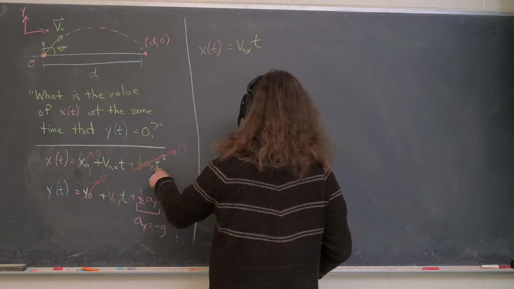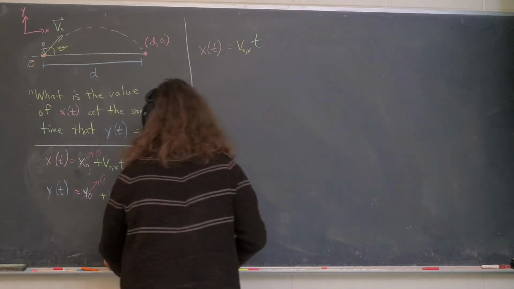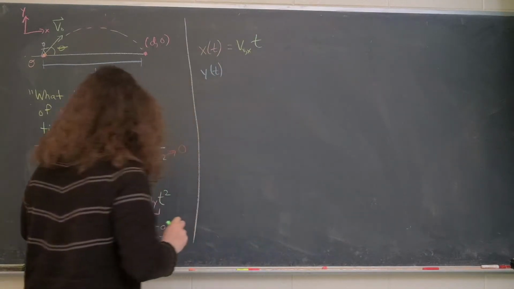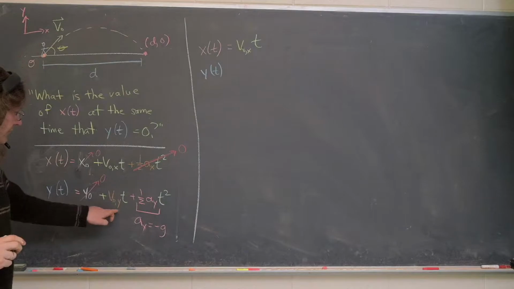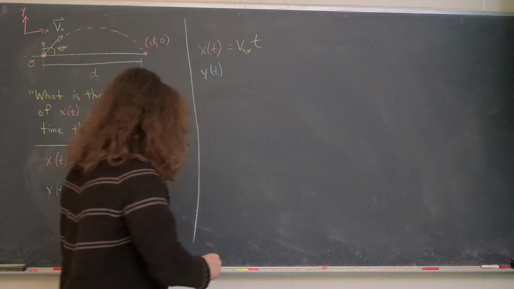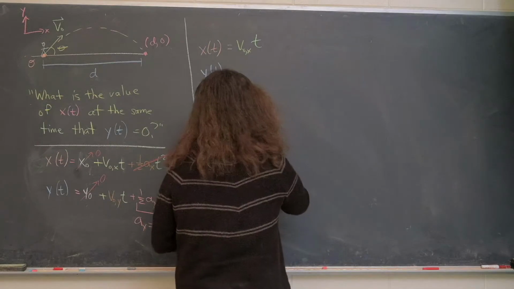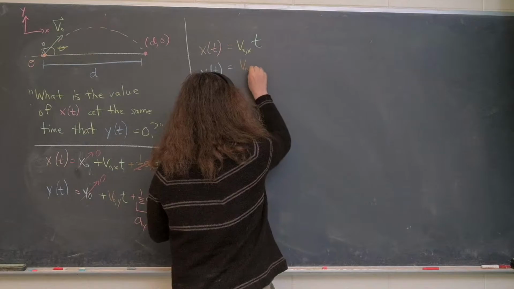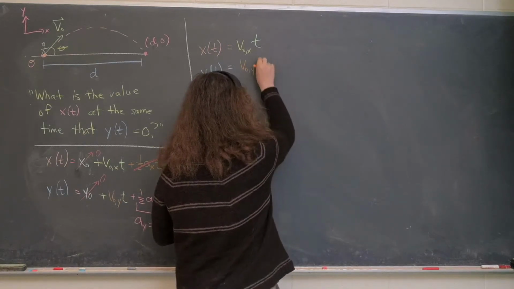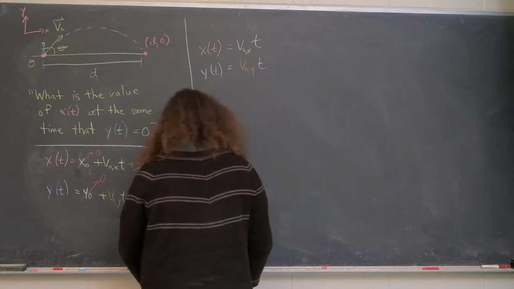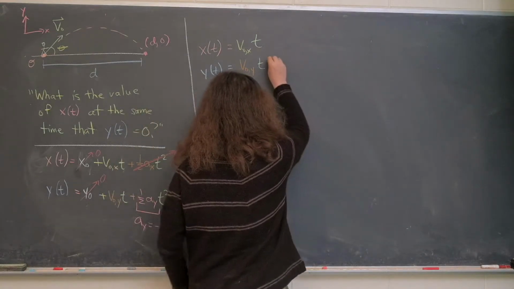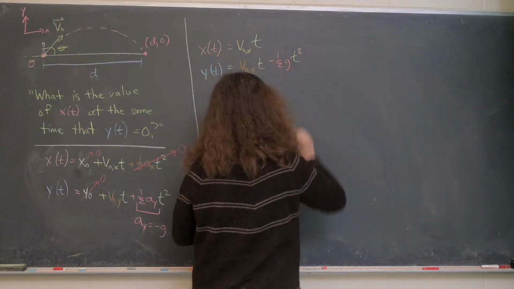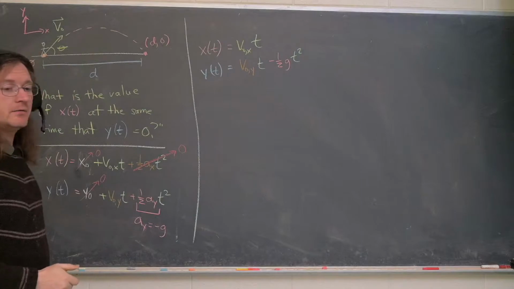And then this term has gone away. All right, that's nice and simple. For the position, I'm starting at ground level, so I have a velocity contribution and then a gravity contribution. So this gives me v naught y t, and then the gravity part, minus 1/2 g t squared. Okay, that's nice.